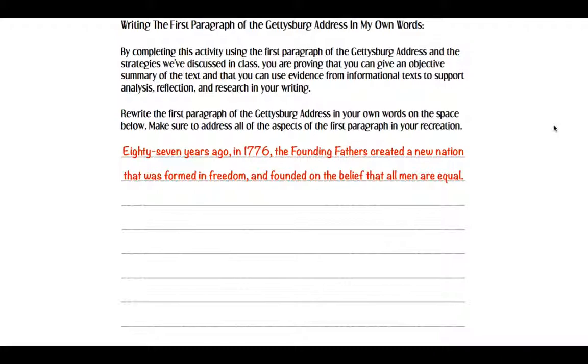I'm not just saying in 1776 the United States was formed, because there's much more to his first paragraph than just that main fact. I'm touching on every single important fact that we highlighted, that we discussed in class, that I paraphrased and put into my own words, that I annotated. You can see when it was formed, who formed it, why, and on what basis.